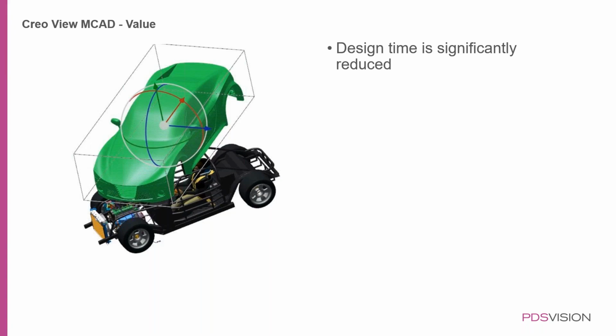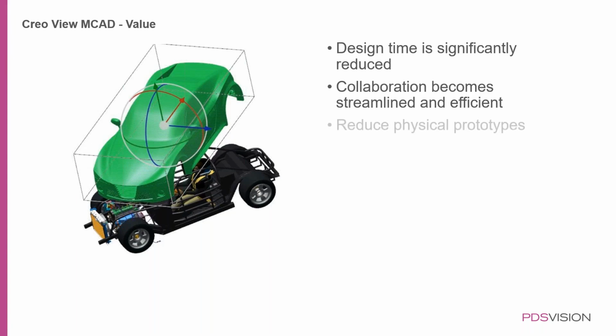Working with visual product data gives you better and faster design reviews. So collaboration becomes streamlined and efficient. We can reduce the need for physical prototypes because we can evaluate it virtually. It should reduce unneeded work and rework.